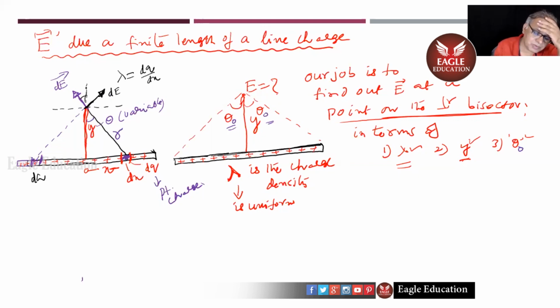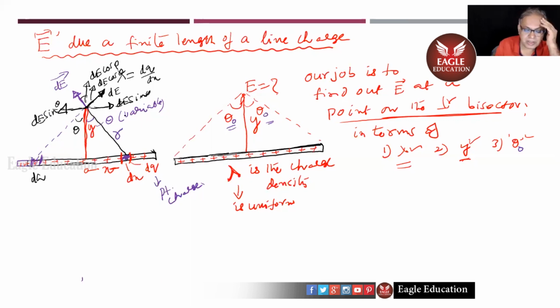So this component is dE cos theta, and this component is dE sin theta. Similarly, if I take this one, it is the same theta, so this is dE sin theta, and in this direction dE cos theta. Is it all right, everybody?